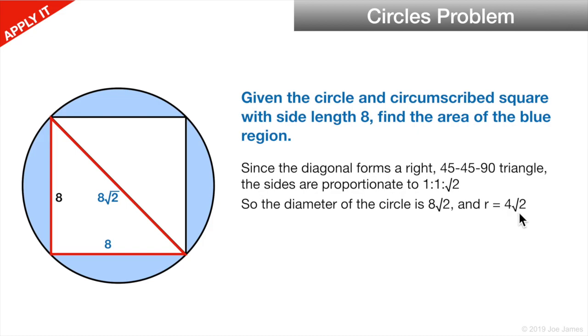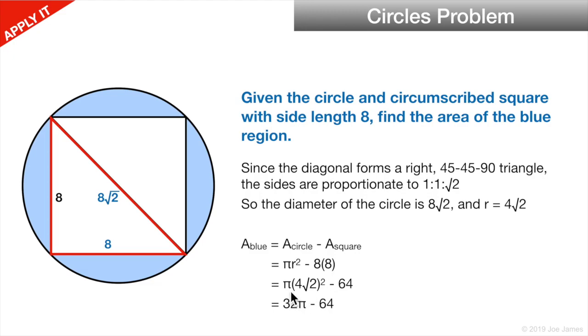Wow, now we're well on our way. We know the radius of the circle, so we can calculate the area of the circle using that radius, and then we just subtract out the area of the square. So the area of the blue space is equal to the area of the circle minus the area of the square. The area of the circle is pi r squared, and the area of the square is just 8 squared.